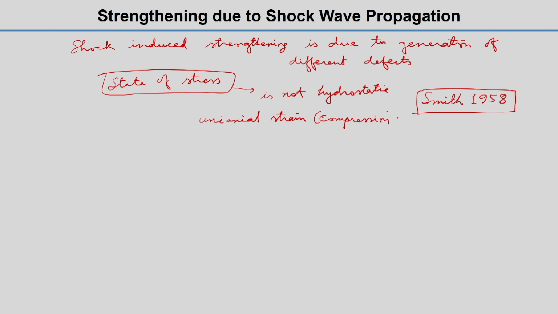This is uniaxial strain, and this actually produces shear. So it is not hydrostatic, it is the deviatoric stress, shear stress, and these shear stresses, as we earlier also discussed, generate defects.